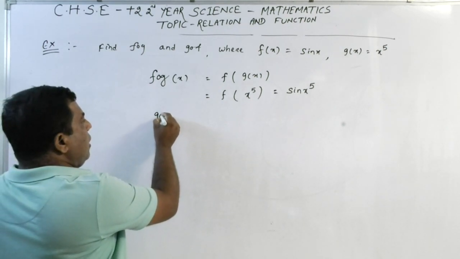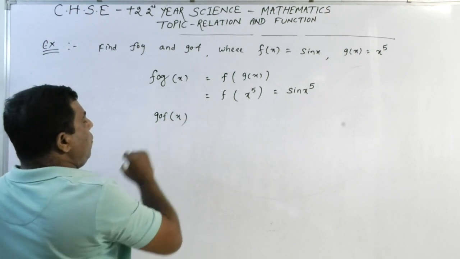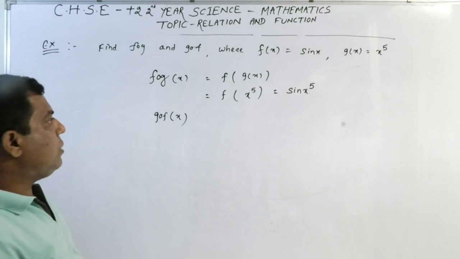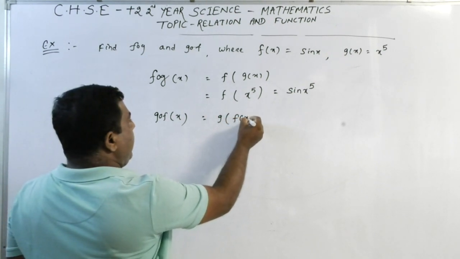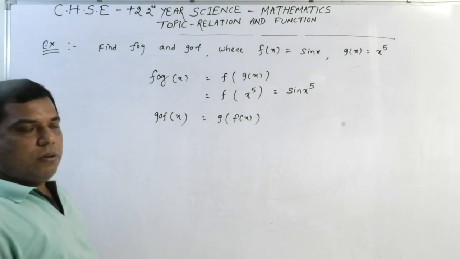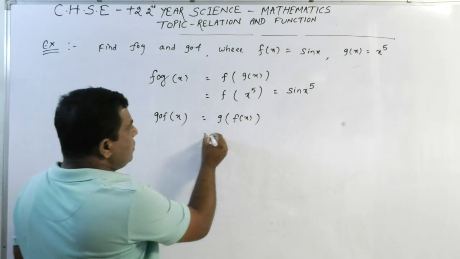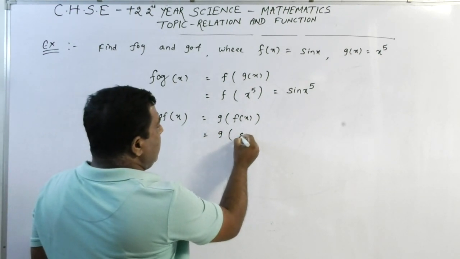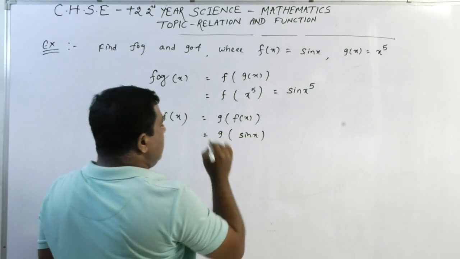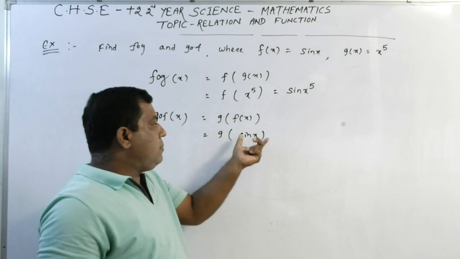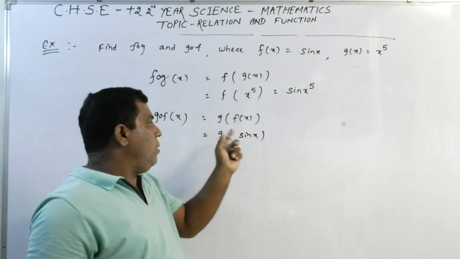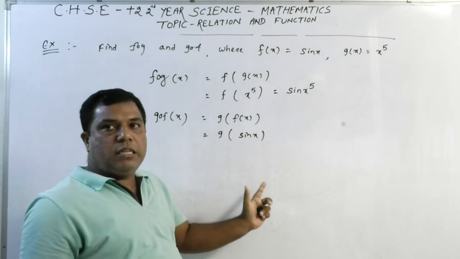Next, can we define gof x? Yes, we can define gof x as g of f of x. And how is the evaluation procedure? It is sin x, and if sin x is behaving like a variable of the function g, what does g do?